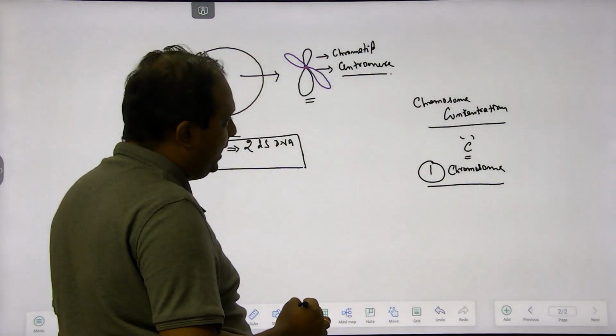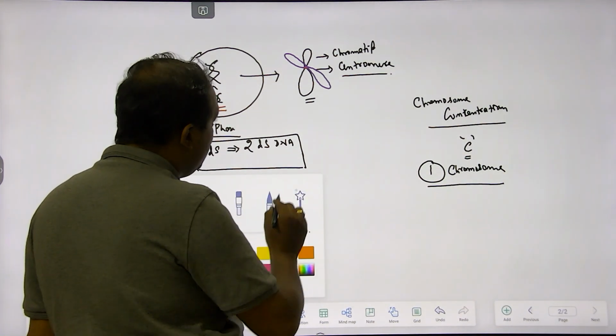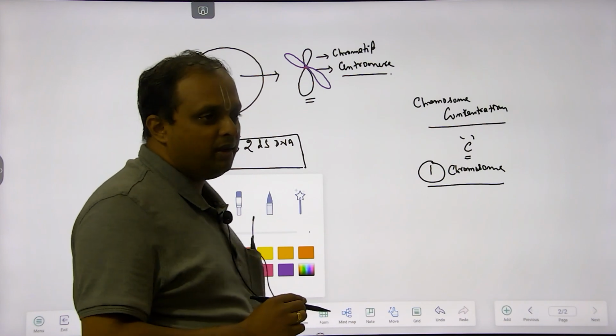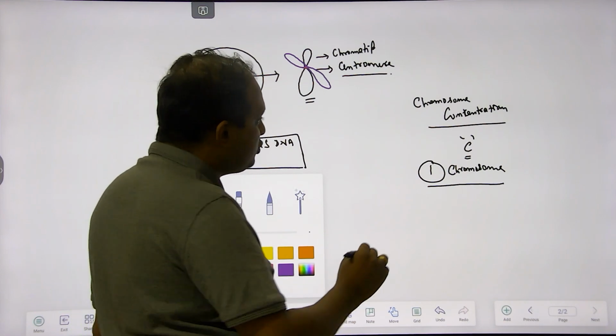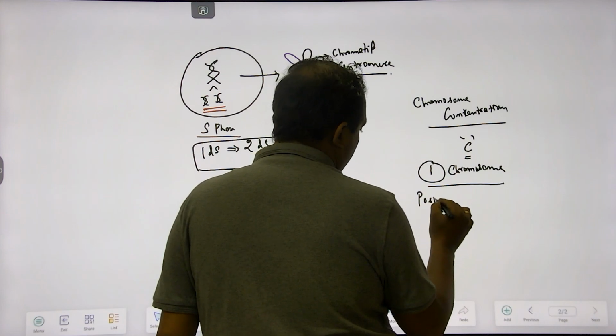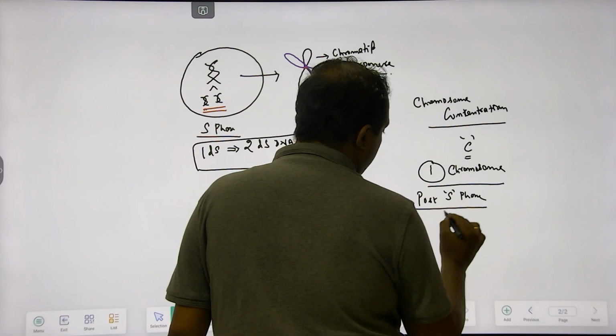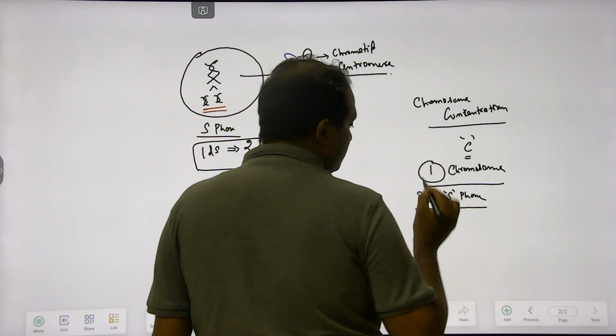Since your initial concentration is C, the chromosome concentration post synthetic phase is going to be 2C, right?